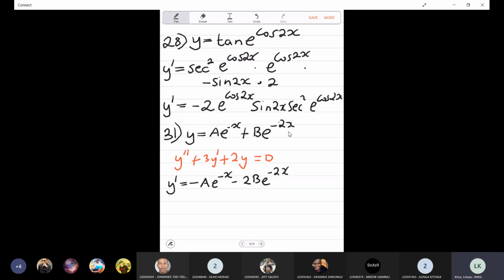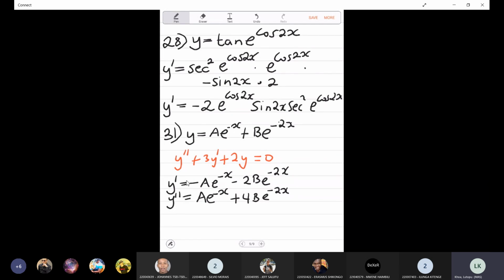Okay, we also need the second derivative so that we can substitute it over there. So we say y double prime. This is just the derivative of the first derivative. So we will have a e to the power of minus x, and then 4b e to the power of minus 2x.